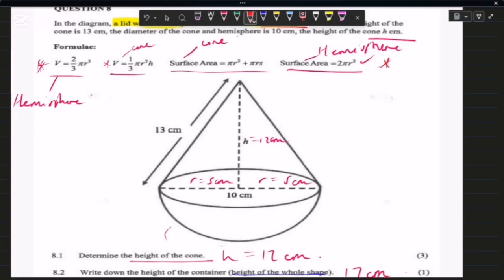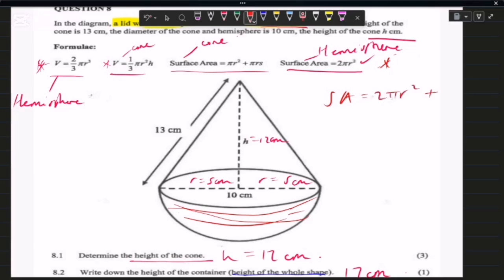Okay, so let's consider the hemisphere first, this part. Now the hemisphere is that part. Okay, so if I decide to paint this object, the entire hemisphere will receive paint. You can see that the entire hemisphere will be painted. So the surface area will be composed of the total area of the hemisphere, which is 2 pi r squared.